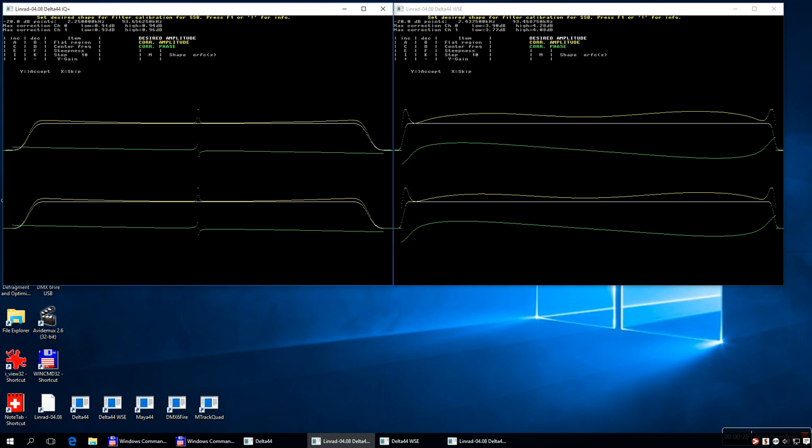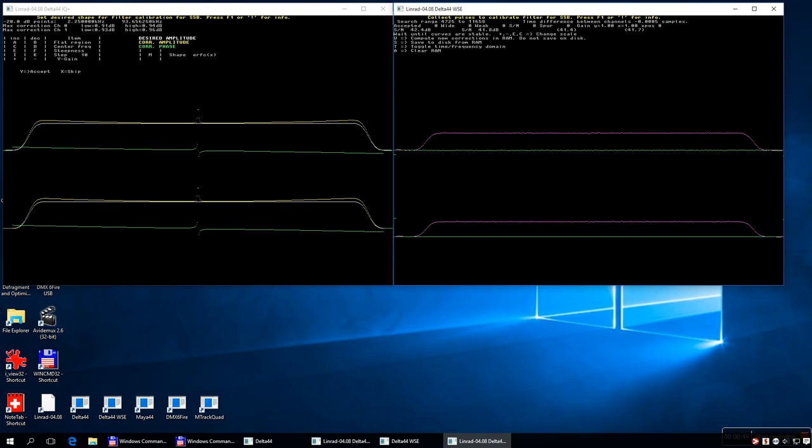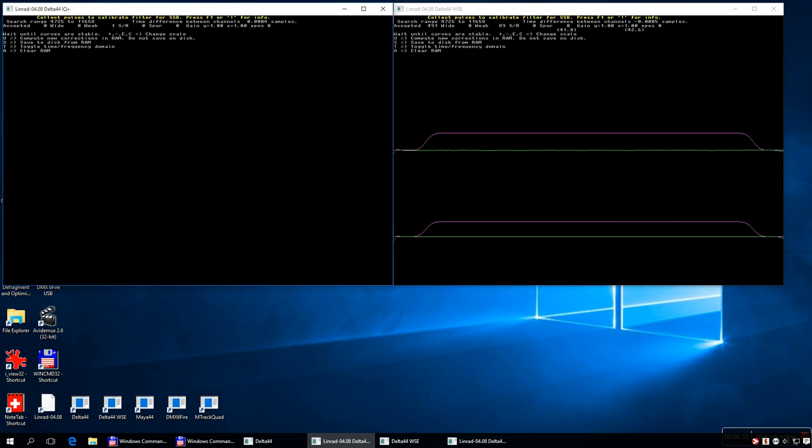So this could be a suitable function, and I ask for the same in the WSE, or something very similar at least. This looks about the same. So I press yes to accept and then S to save. And the same here. Yes and S.